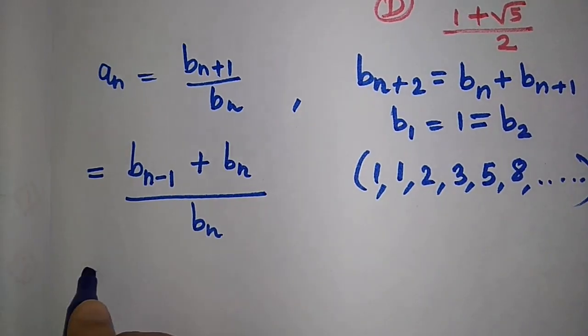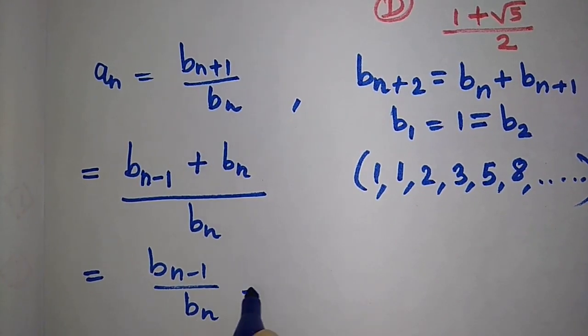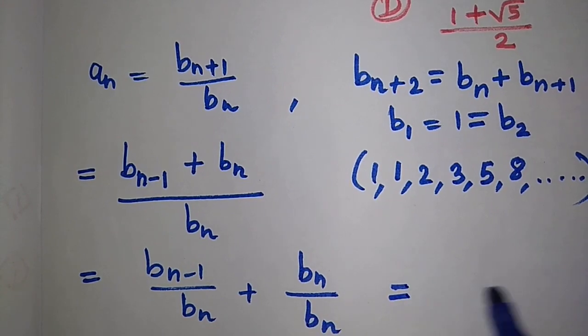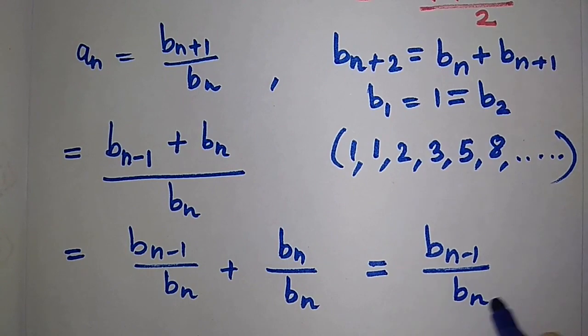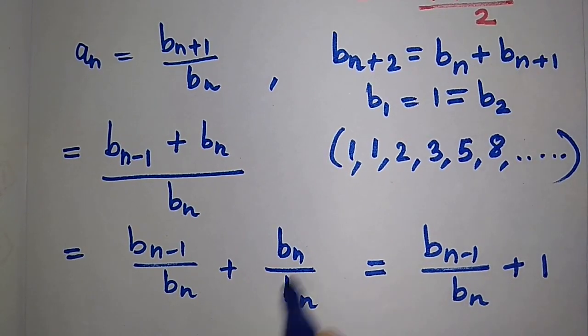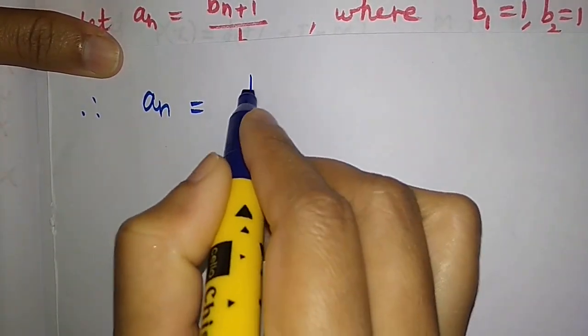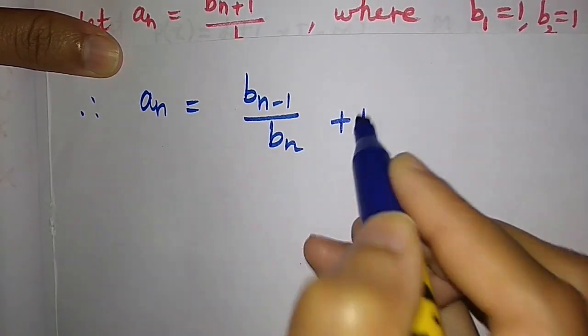Now this is the same as bn minus 1 divided by bn plus bn upon bn, which is the same as bn minus 1 upon bn plus 1. bn gets cancelled. Therefore this an is equal to bn minus 1 upon bn plus 1.